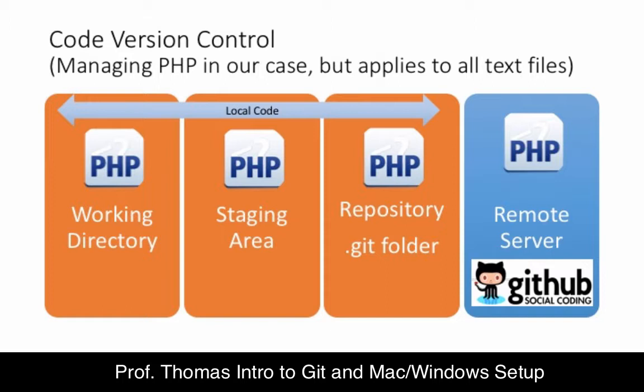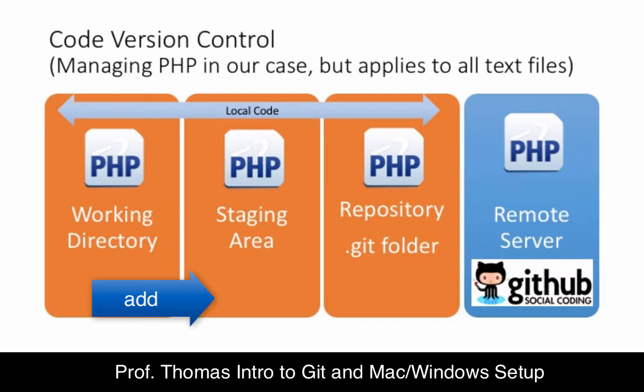Whatever we're writing is in our Git working directory. And then as we get confident that our code is ready, we would run a command called git add. And as soon as we run that git add command, Git takes a picture of our code as it is at that moment in the working directory and moves that picture into the staging area.